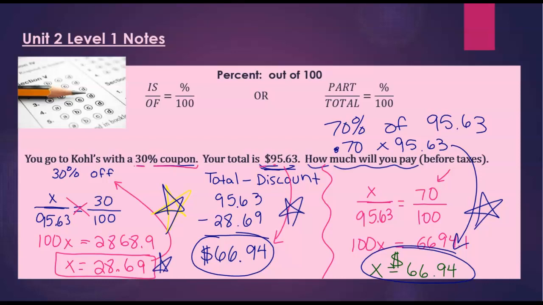Or we could have done 30%, so that's really 0.3 as a decimal of the total $95.63. I can multiply that, and I'll get $28.69. That is my 30%, so then you would subtract it from the total again. So kind of cool. Lots of different ways. Whatever works and clicks, make it work for you. Good luck on Unit 2, Level 1.